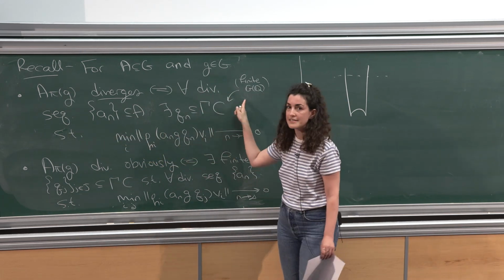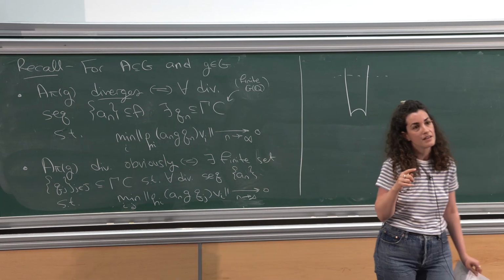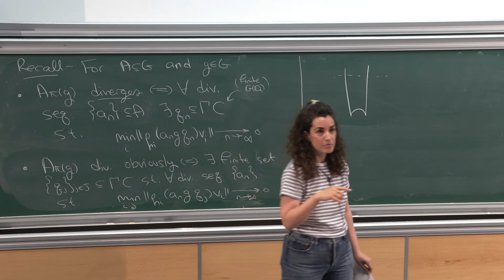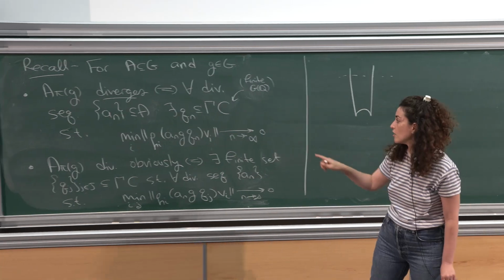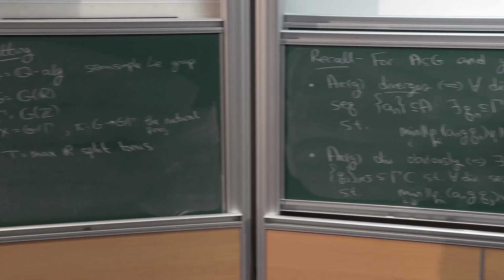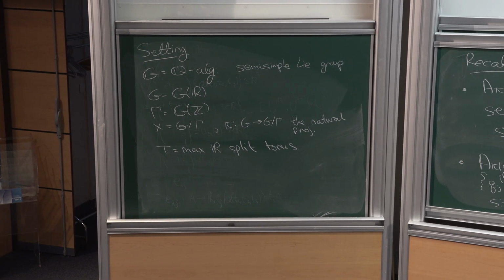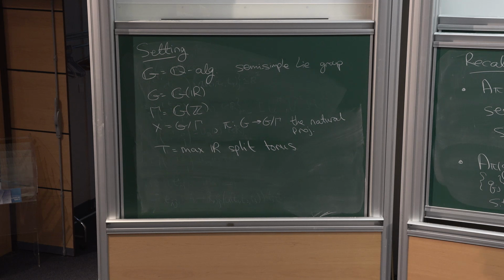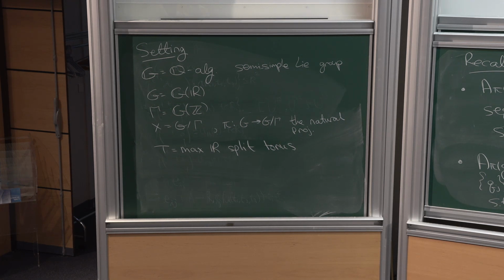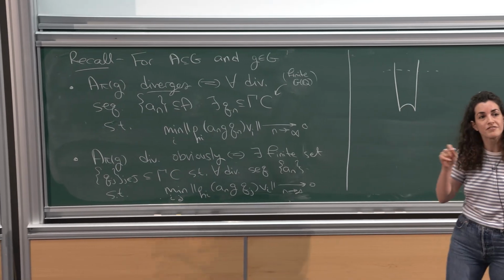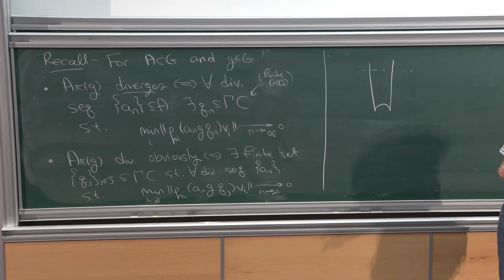And C is, from the first lecture, we had the Borel-Harish-Chandra fundamental domain for G mod gamma. So C is this finite set of rational points that appeared in that theorem. What Borel-Harish-Chandra tells us is that these are the points that we need in order to shift ourselves into the fundamental domain.